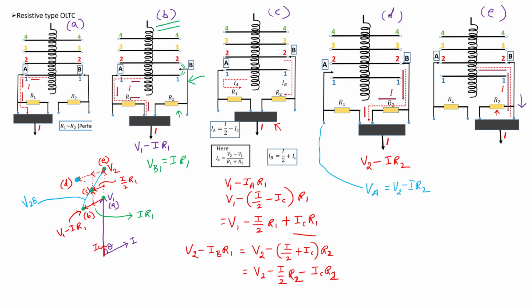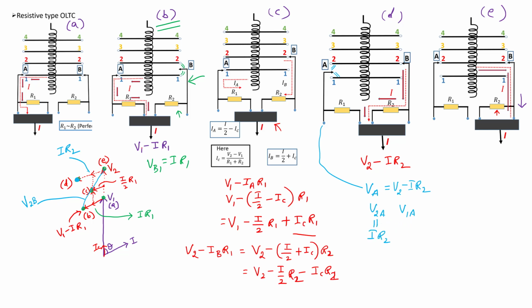Position D corresponding. Now the voltage between V1 and this and V2 and this is of importance. Now V2A and V1A are of importance. Let us see V2A. V2A is simply V2 minus IR2. So this is V2, this is V2 minus IR2. Therefore V2A is this magnitude only. This is simply IR2, the difference. V2A is simply equal to IR2.